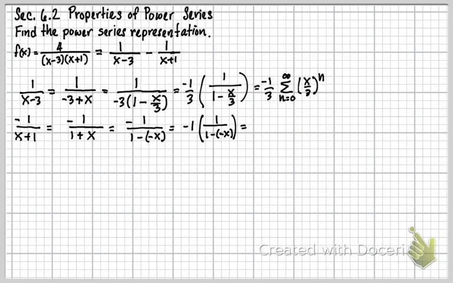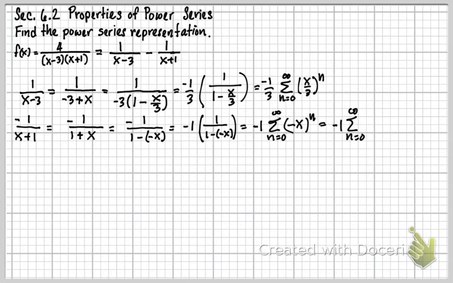And then using that same idea again I did for the previous one, that's going to be negative 1. And I have this series of n equals 0 to infinity. And this is going to be negative x to the n. And I'm going to clean this second one up just a little bit more. So I'm going to have this negative 1, n equals 0 to infinity.